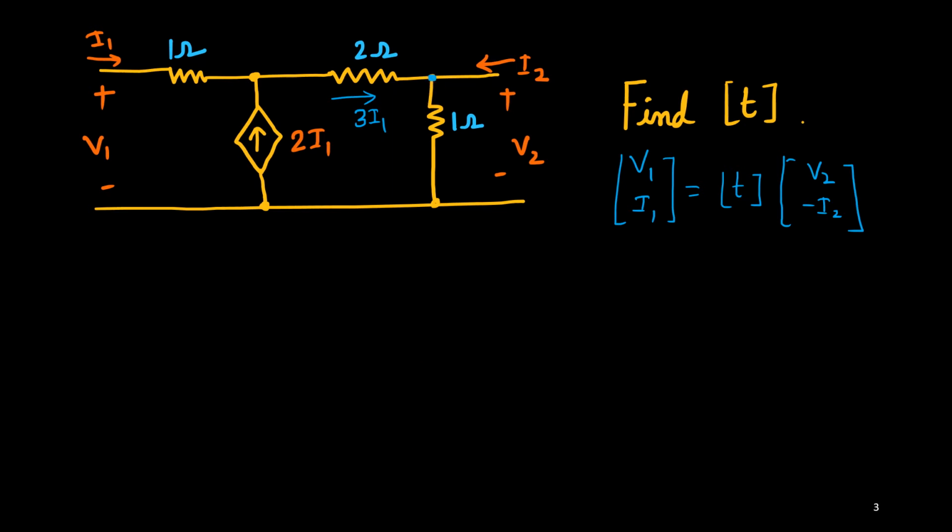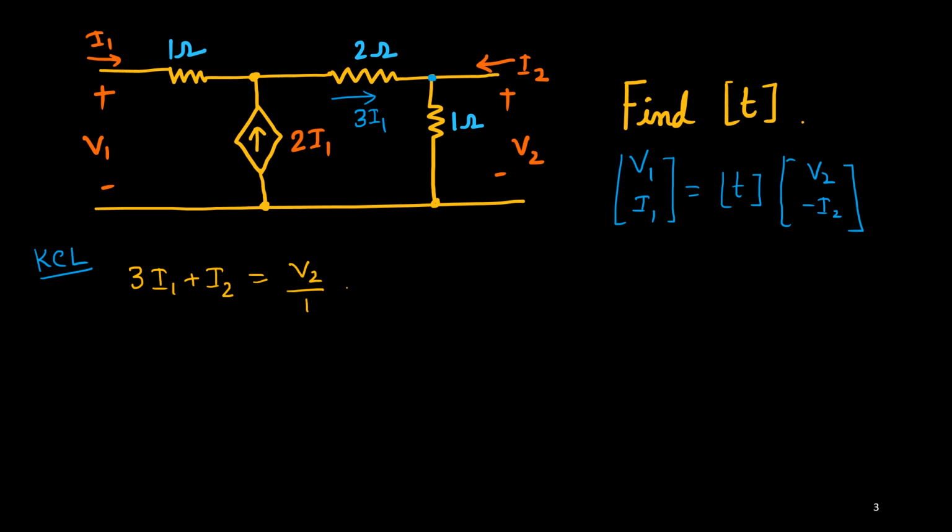If you apply KCL, what you'll get? 3I1 plus I2, both are entering currents at the node, and that equals the outgoing current V2 upon 1.